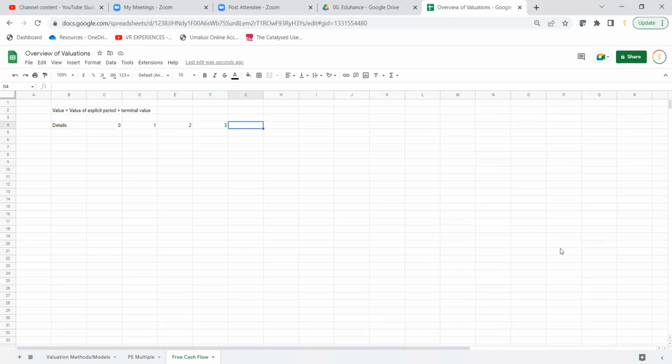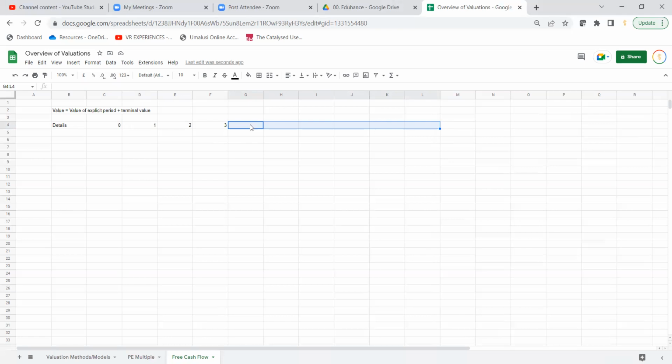Then every other period thereafter will be known as the continuing period, or the terminal value. The terminal value will capture everything after the explicit period. What is the explicit period? It is the number of years where you have information of or about.